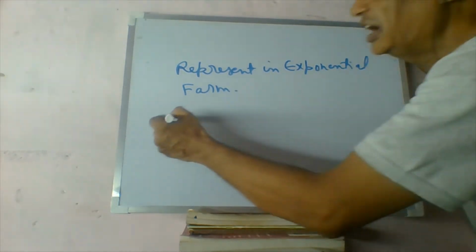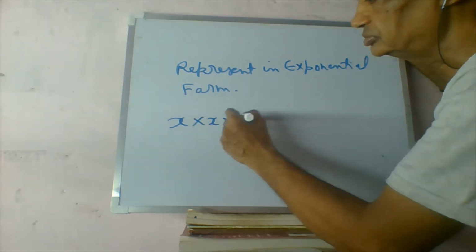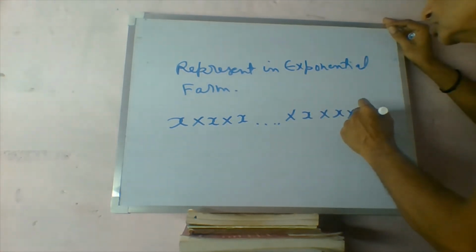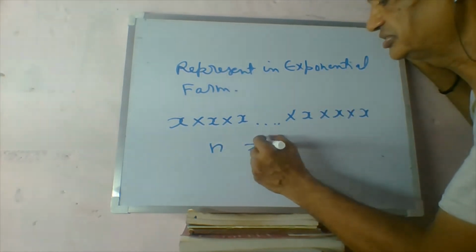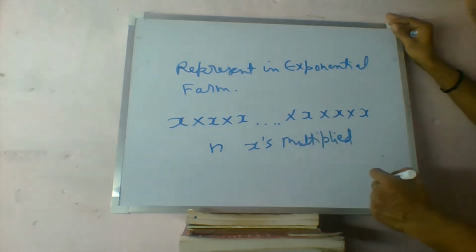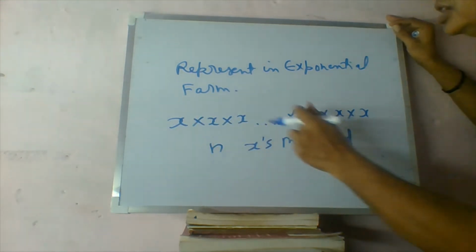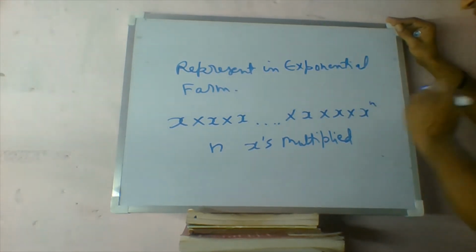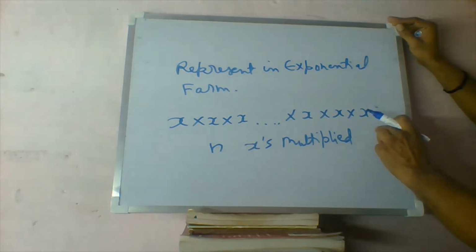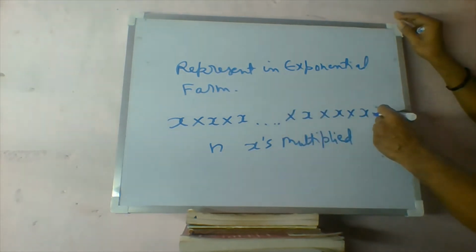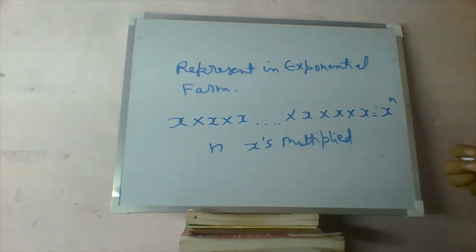So if we have n x's multiplied, these are n x's. 1, 2, 3, and so on up to n. If we are multiplying n x's, we will write it as x raised to power n.